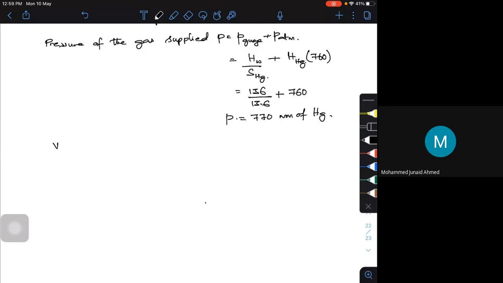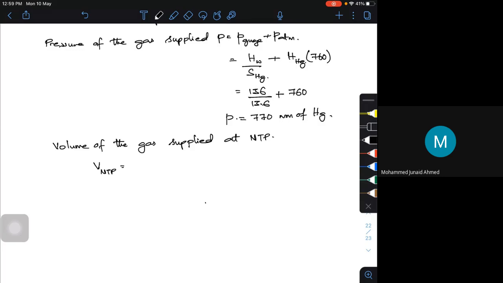Volume of the gas supplied at NTP. What is it actually? The volume of the gas supplied at NTP is given by a simple formula based on your PV, that is PV is equal to MRT.